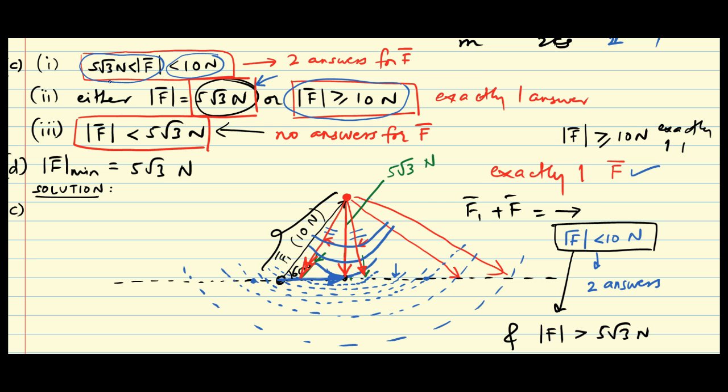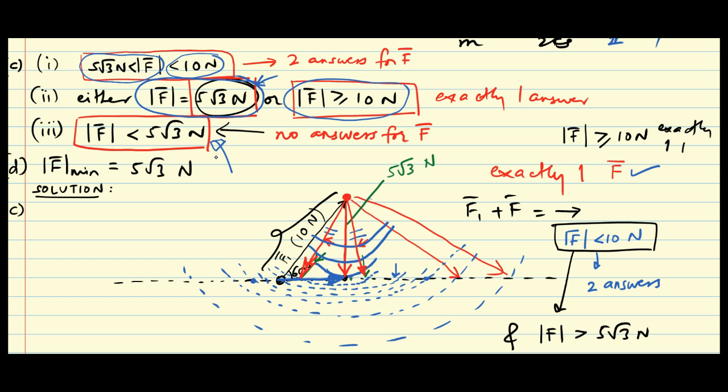So the conditions of the question are still being fulfilled, and finally when you reach a value of 5√3 newtons for mod f bar, you still manage to get an answer, but this time you get exactly one answer. And when you decrease mod f bar to a value lower than 5√3 newtons, then from that point onwards you don't get any answer for f bar at all.